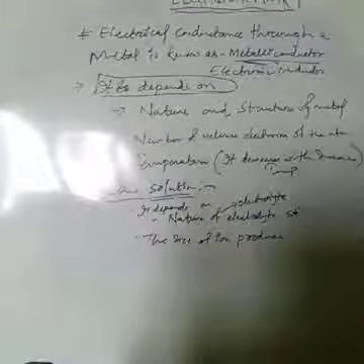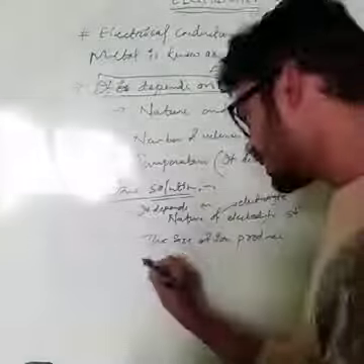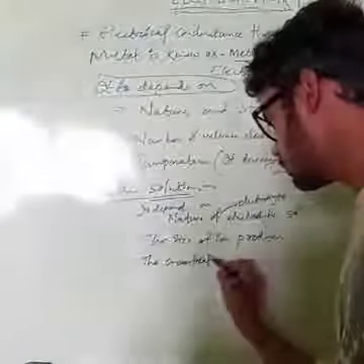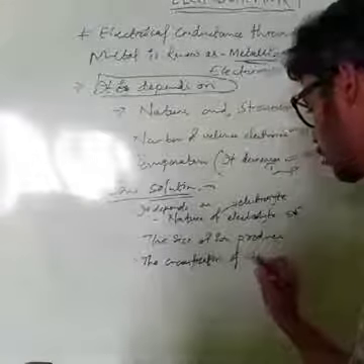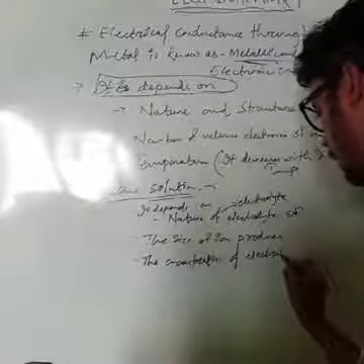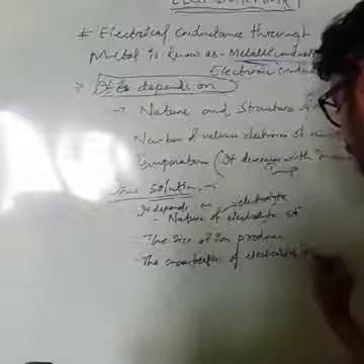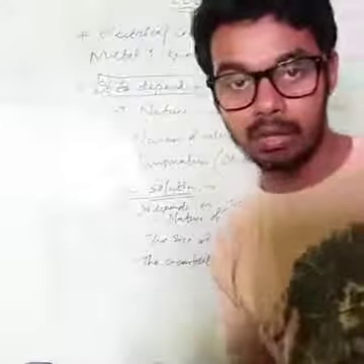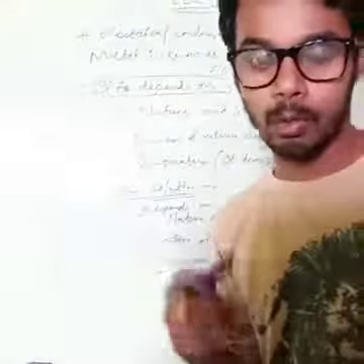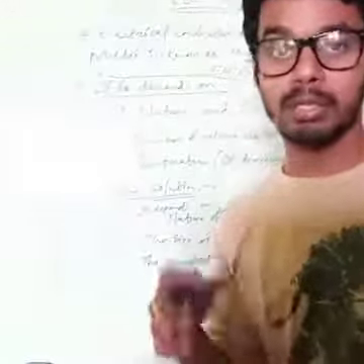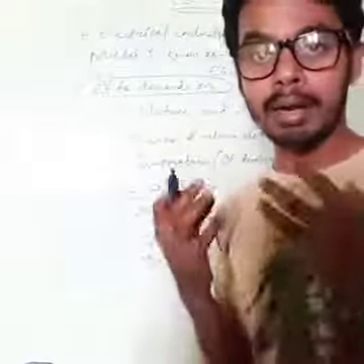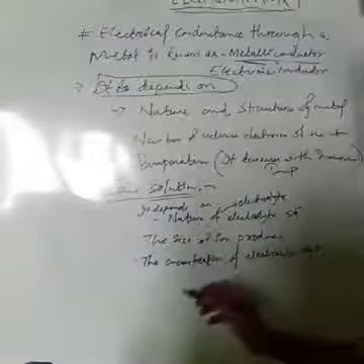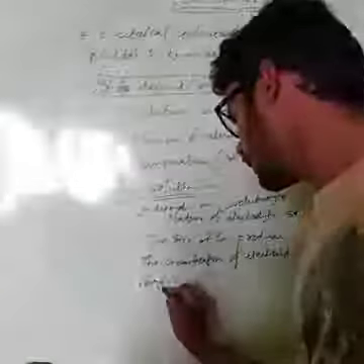Next point, the concentration of electrolytic solution. What concentration you have taken, that may be low or high or moderate. Whether the ions are getting free space or not. So concentration also. And the final point will be the temperature.